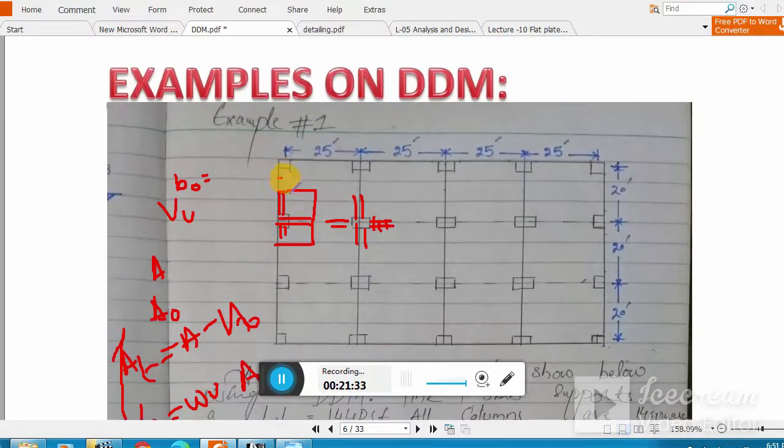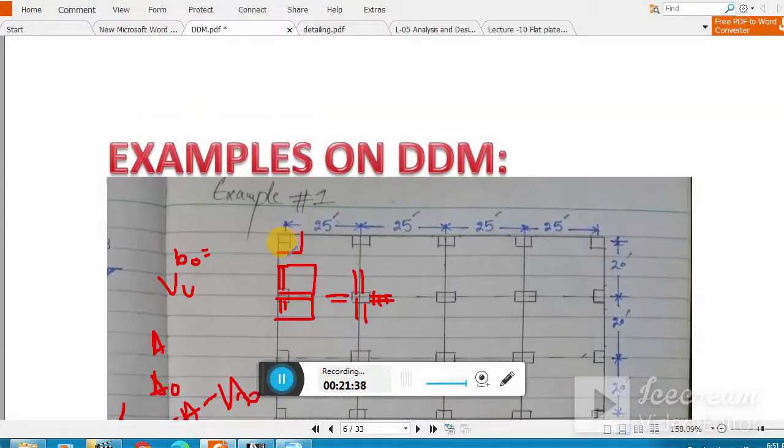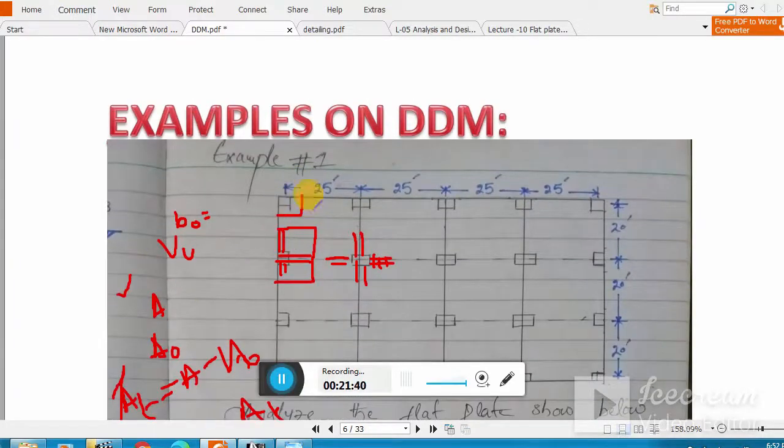Similarly for this corner column you can do the same thing, but here the tributary area, this whole area, is 12.5 in this direction and 10 in this direction. So your A will be 12.5 times 10 feet, which gives you the whole area.